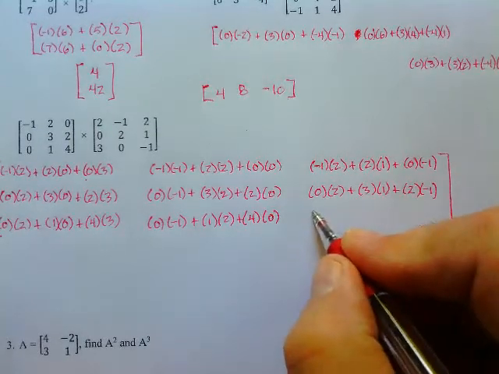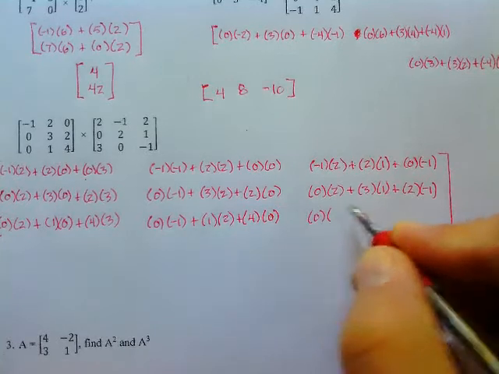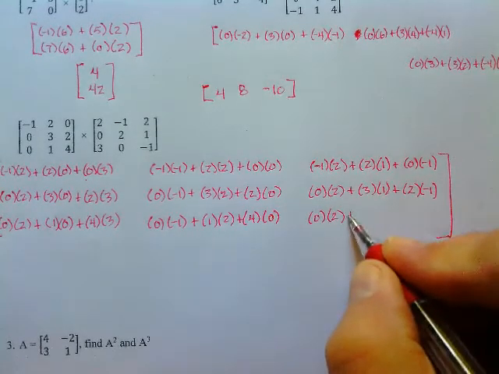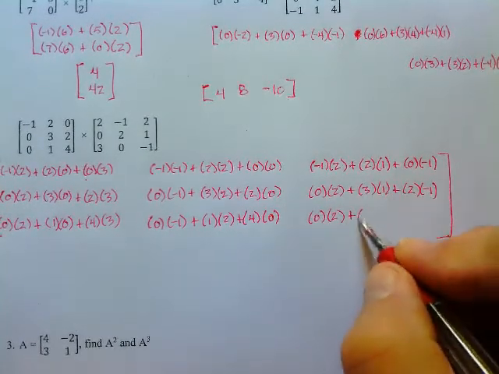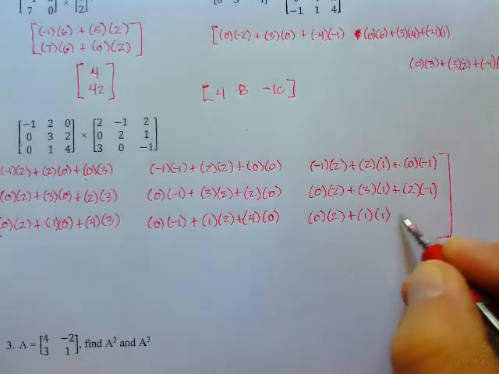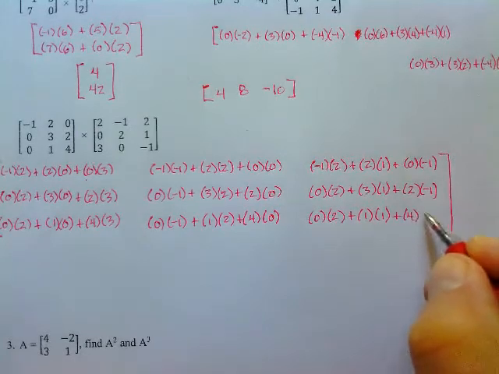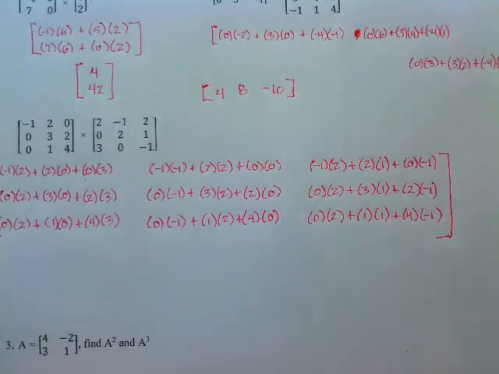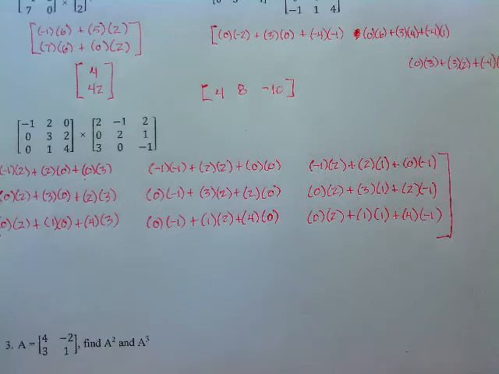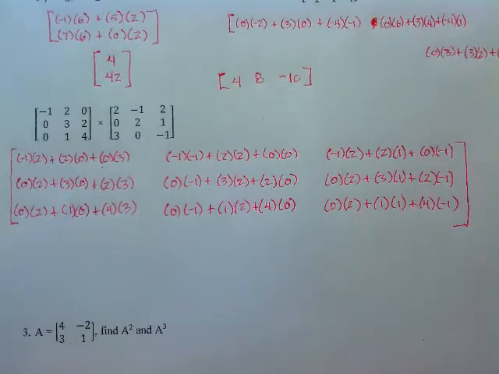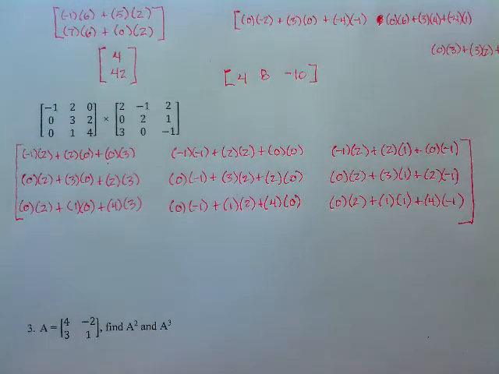And then finally 0 times 2 plus 1 times 1, and finally 4 times -1. And so there are all of our individual steps.